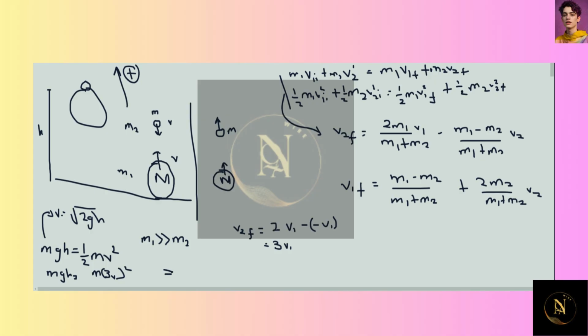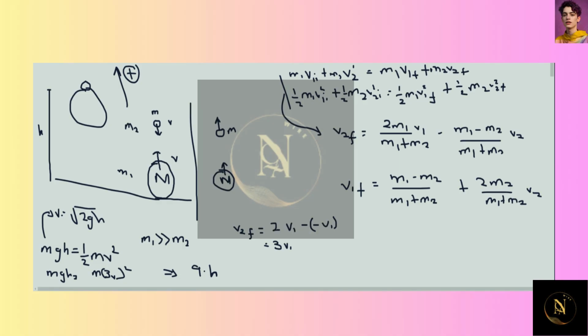I'll find out that my height after moving with this increased velocity is actually going to be 9 times the initial height that I had. So essentially, after this collision, this tennis ball is moving at 3 times the velocity. And because of that, it achieves a maximum height of 9h. So it's going to go much higher than the initial height that it had.